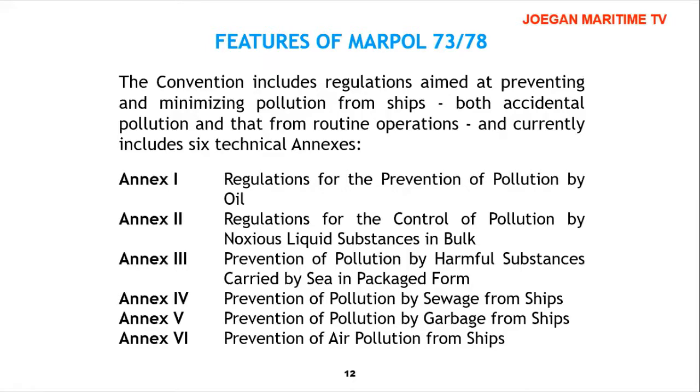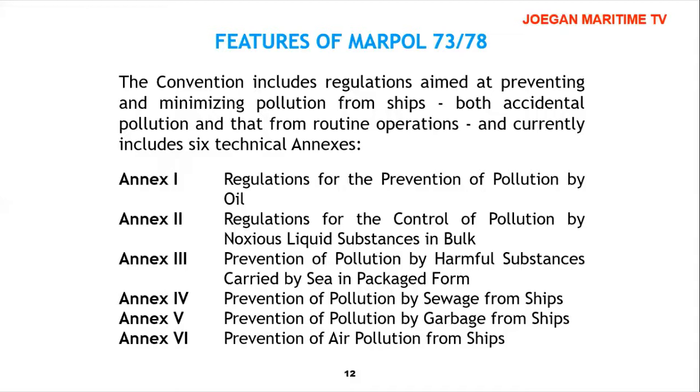The convention includes regulations aimed at preventing and minimizing pollution from ships, both accidental pollution and that from routine operations, and currently includes 6 technical annexes. Annex 1, regulations for the prevention of pollution by oil. Annex 2, regulations for the control of pollution by noxious liquid substances in bulk.